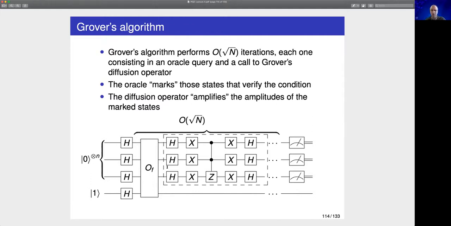I'm going to adopt the approach that you can find in the very fine lectures by John Watrous that I have also included in the recommended resources. What he does is to interpret Grover's algorithm as a rotation.